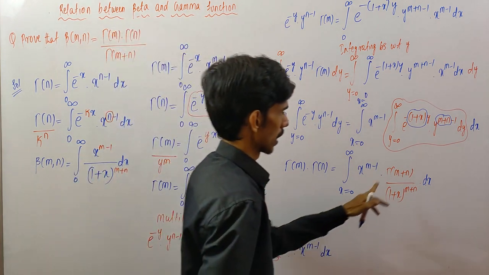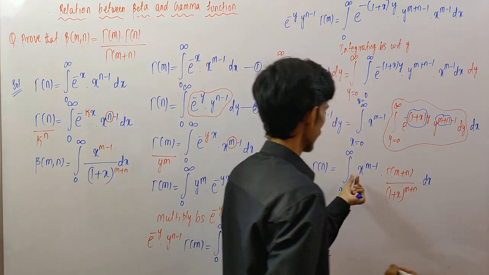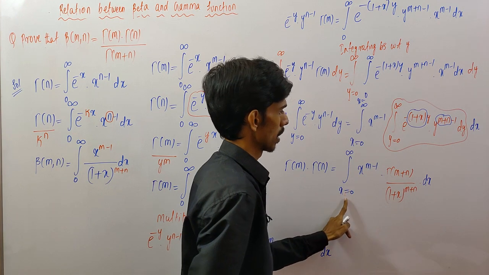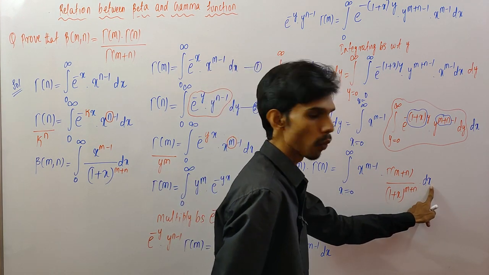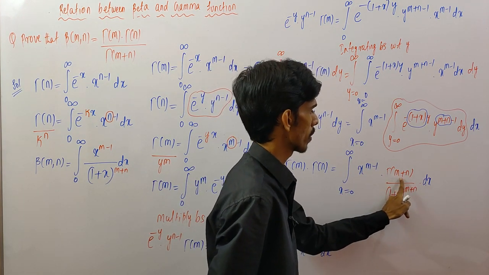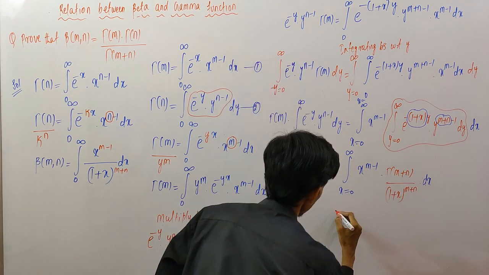Now this gamma of m plus n is independent of this integral in x, because this integral is defined only for x values. So gamma of m plus n is independent. So take it outside.